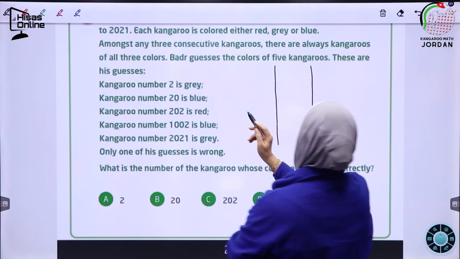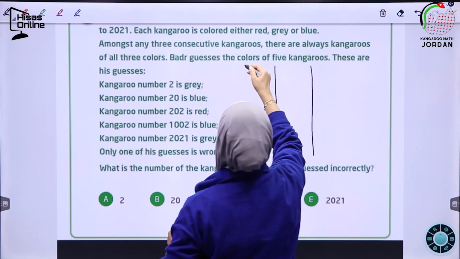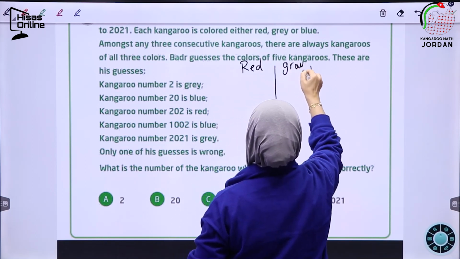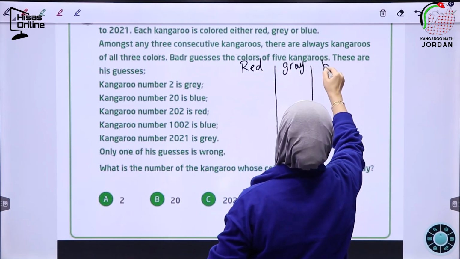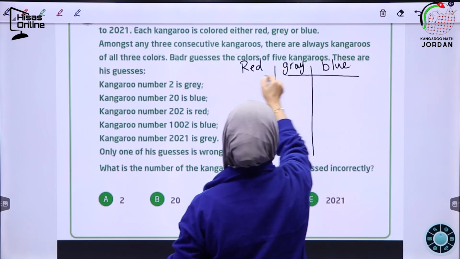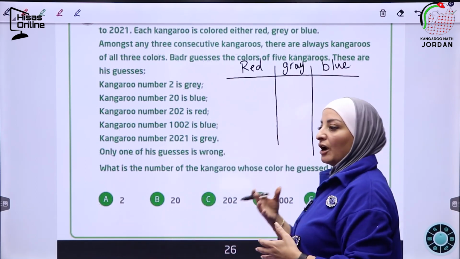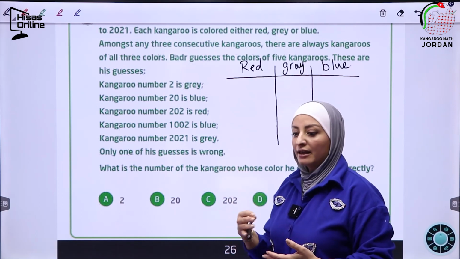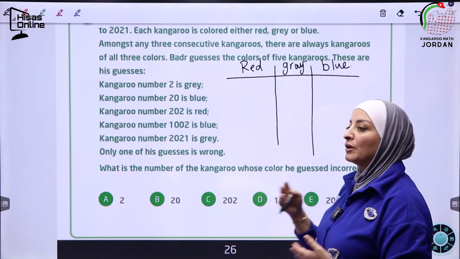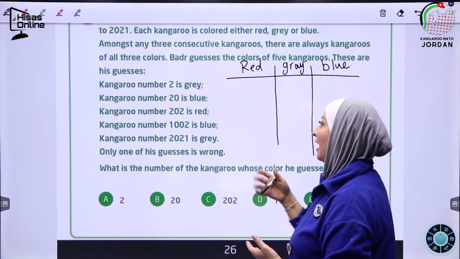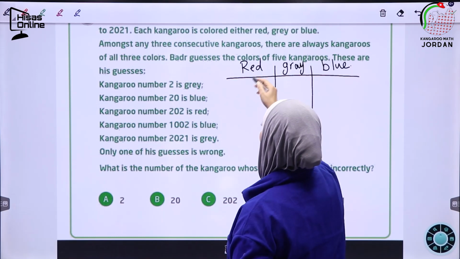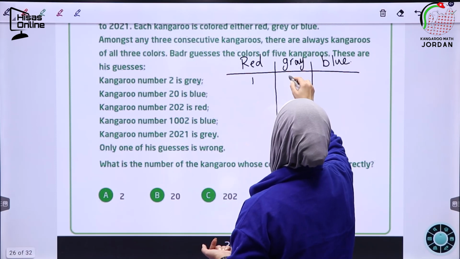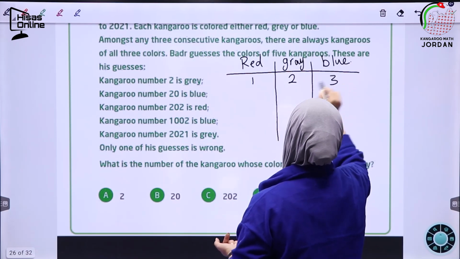Okay, I will draw 3 columns, and I will write the colors red, gray, and blue. Let's start at the beginning to find the order of these kangaroos, and then we will discuss what we have as a result. Let's assume that we started with the color red. So kangaroo number 1 will be red, kangaroo number 2 will be gray, 3.